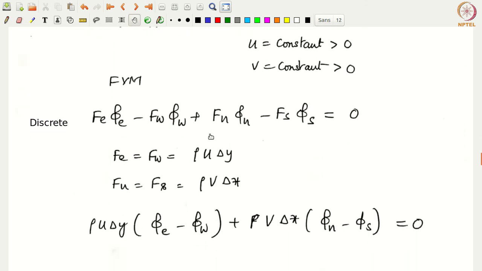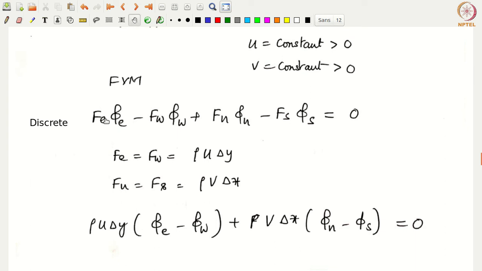Okay. Now, in this one, again Fe and Fw are both equal to rho u delta y, and Fn and Fs both are equal to rho v delta x, right? Because we assume that u and v are constants. Their value on the east face is the same as the west face and everywhere else. Same for v, the value is the same on the north face and the south face and everywhere else.